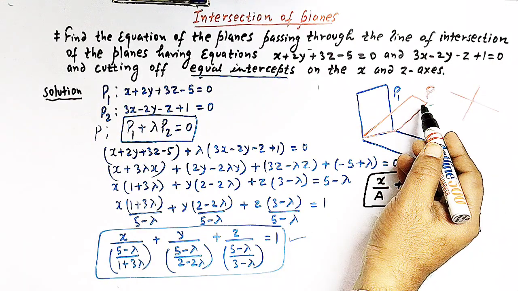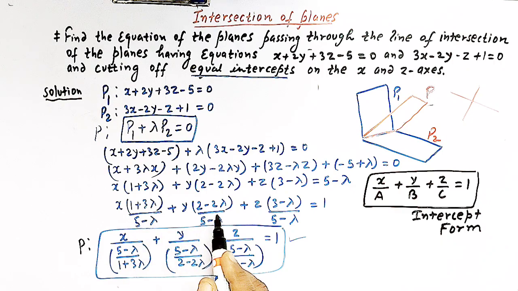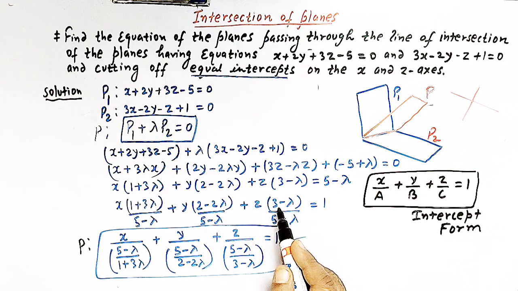So now the equation of the plane P in the intercept form is given by this equation. That's why we have written 1 + 3λ in the denominator of 5 - λ, and similarly 2 - 2λ in the denominator of 5 - λ, and 3 - λ in the denominator of 5 - λ.